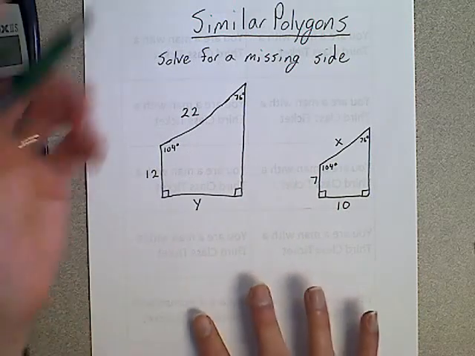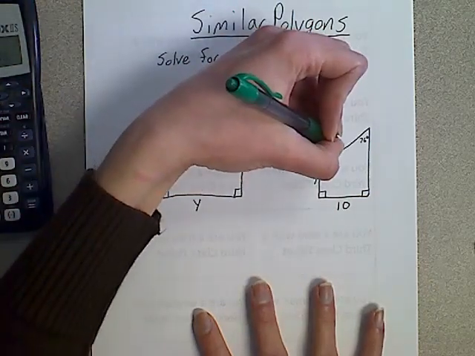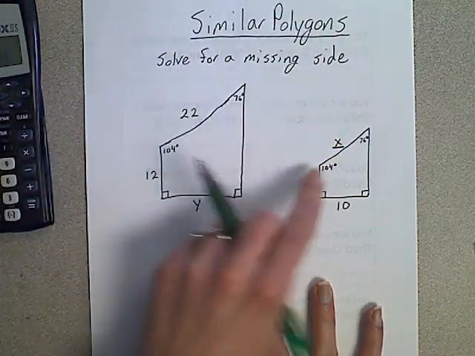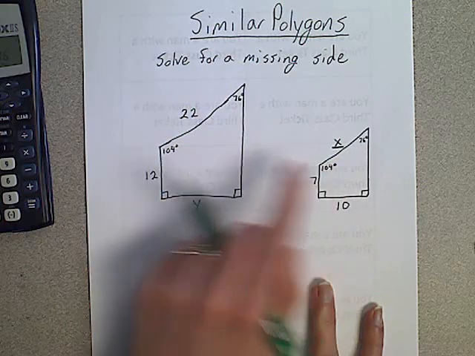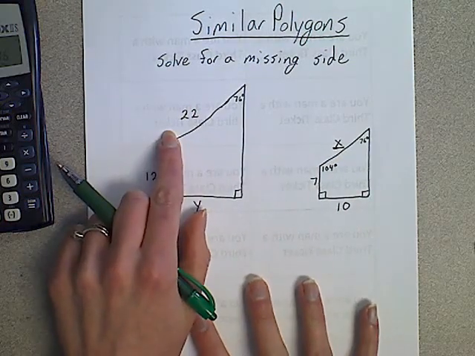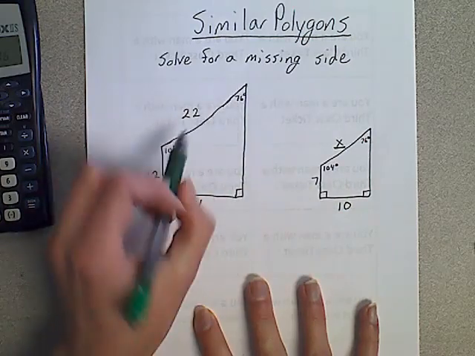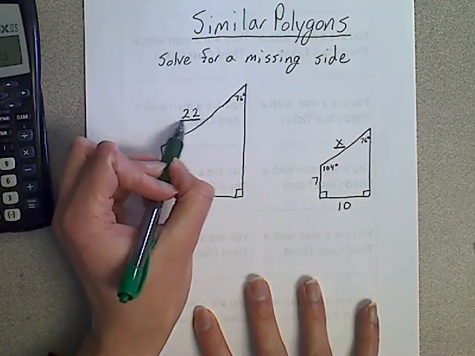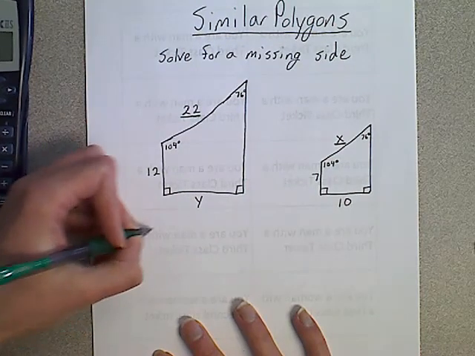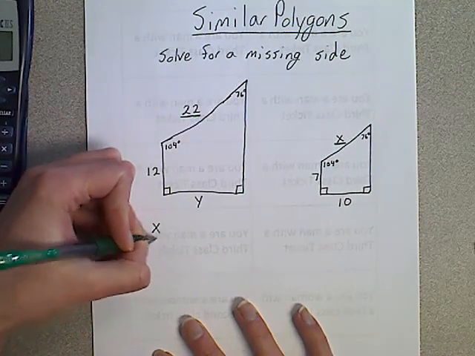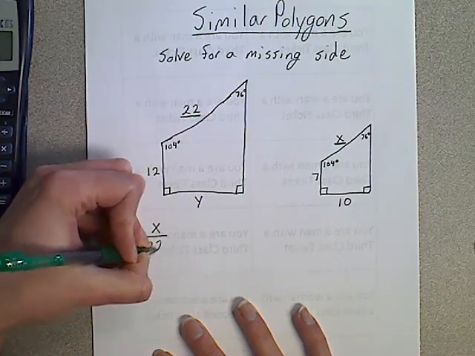For the first proportion, let's solve for x. We need to find on our other shape the corresponding side to x. In this case, that corresponding side would be the 22. So we'll use those two to make our first fraction, and we'll get x over 22.